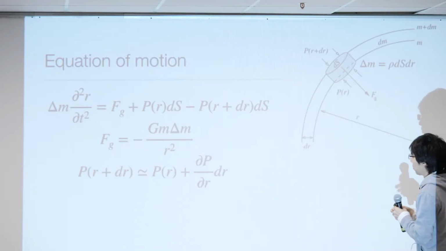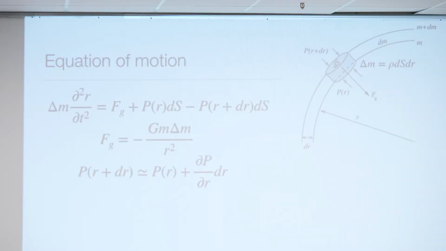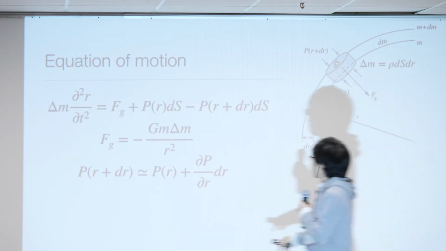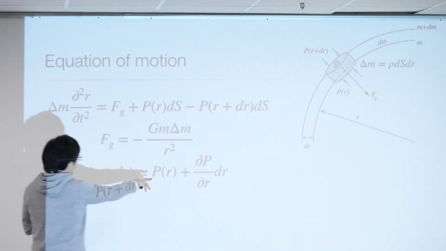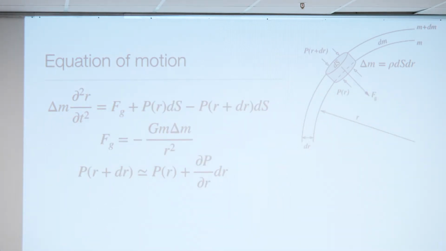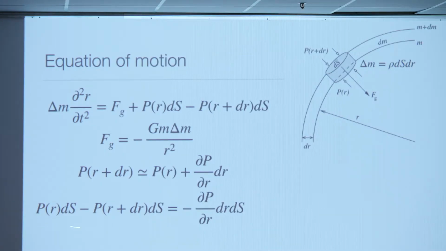And if you do some easy mathematics, this small change in PR can be written in that way. Then that makes this second and third term to be like this. Just simply use this equation.